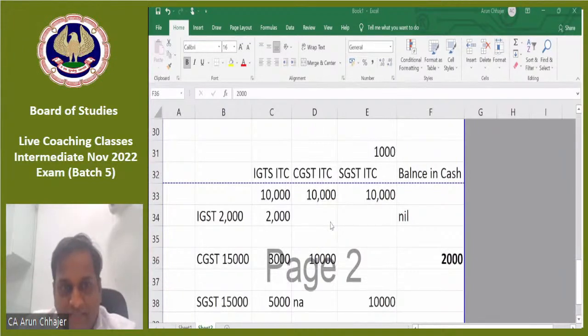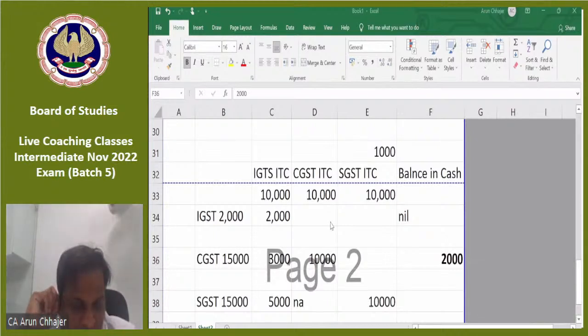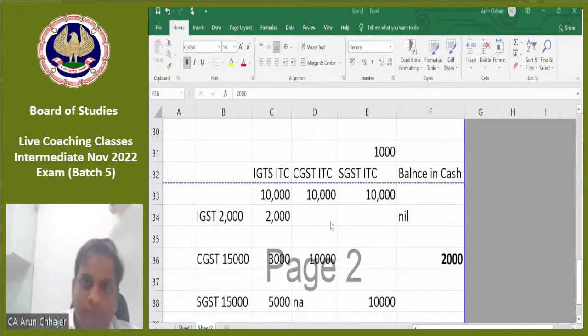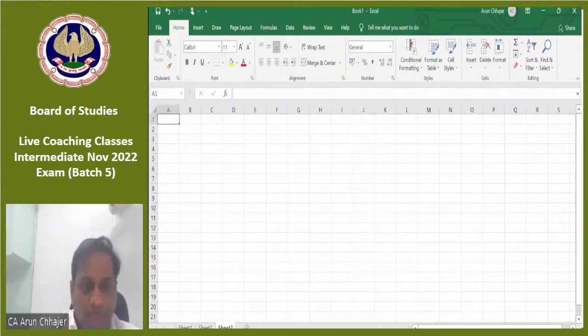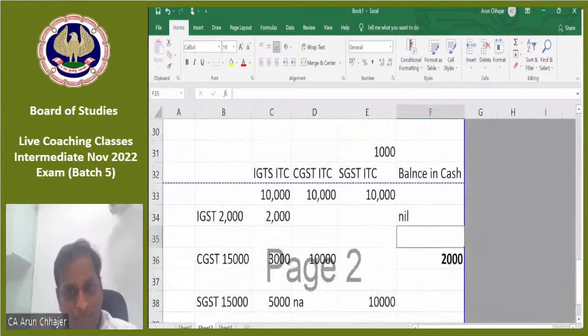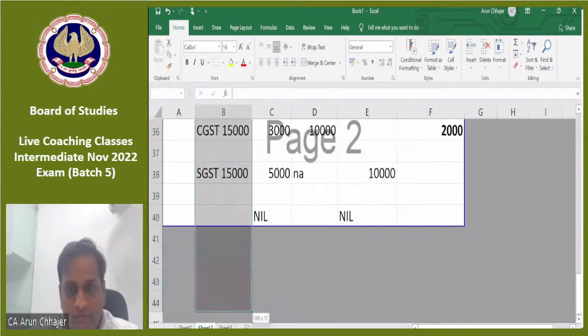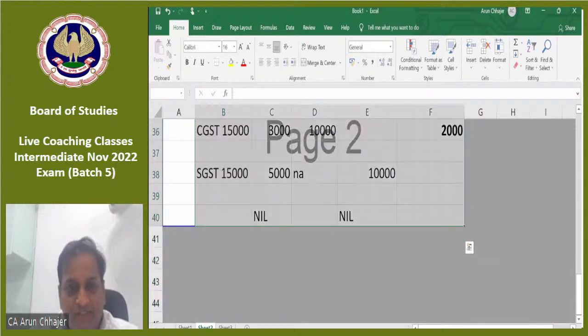Everyone is clear, right? Now I'm asking the second question. Ready for the second question? Screen size, font size, everything is visible.